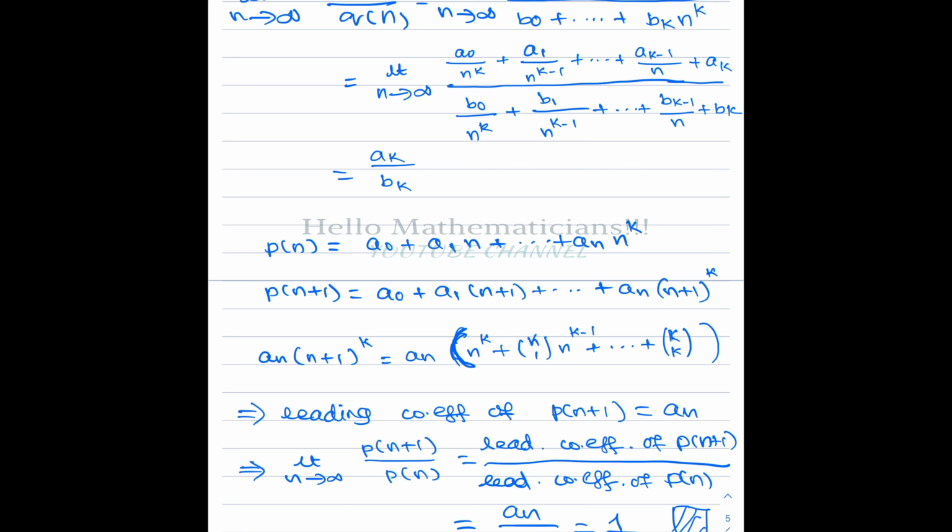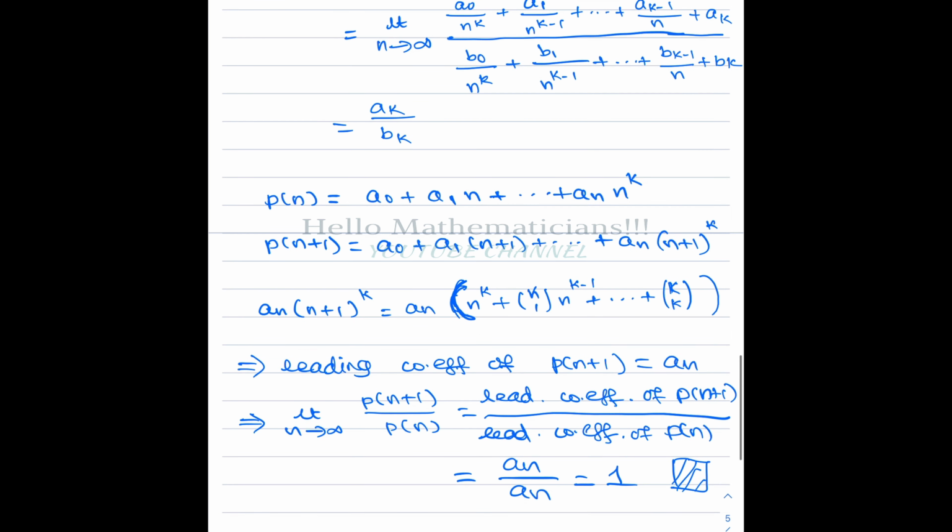Now, what is the leading coefficient? This is some polynomial in which we have substituted n plus 1 in place of x. So what is the leading coefficient of this polynomial?